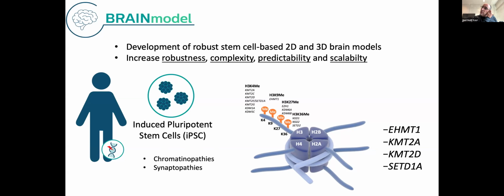That means those are enzymes, some examples on the right, that put marks on the DNA that then affect how genes will be transcribed. EHMT1 is one such example, but it actually belongs to a larger family of interesting chromatin remodelers that have all been shown to be affected or lead to a disease.